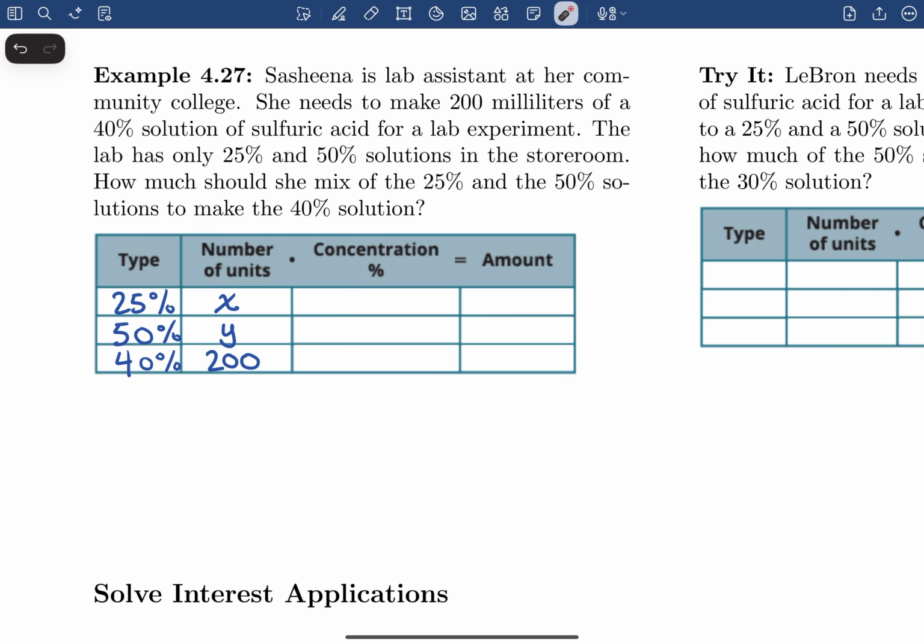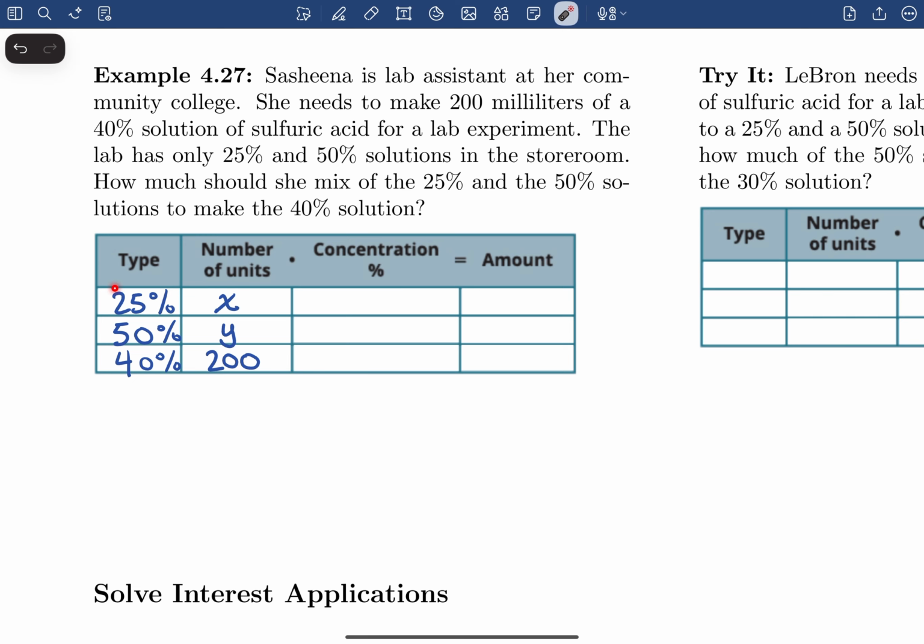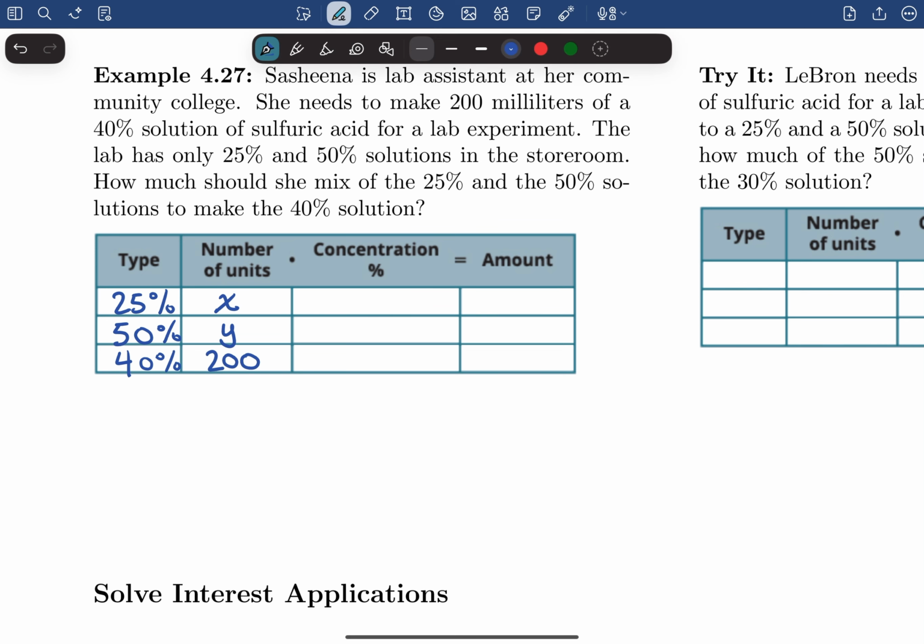That's the goal. Now, the concentration is literally the percent type, but we have to write it as a decimal. Or in this case, I guess we could keep it as a percent. Yeah, that works just fine. So I'll put the concentration percent as 25 and 50 and 40. You could always write these as decimals and it would work just the same, but why not just get rid of any decimals needed? That's what I'm going to do today.